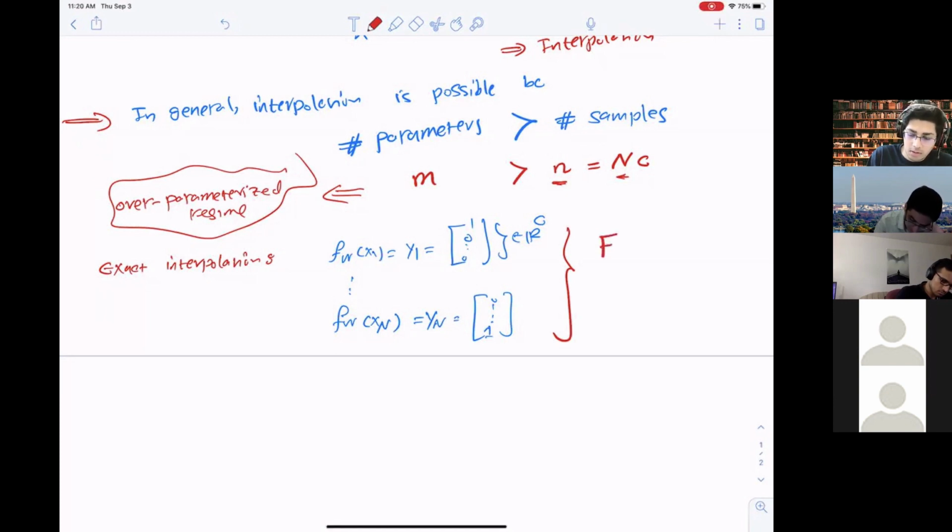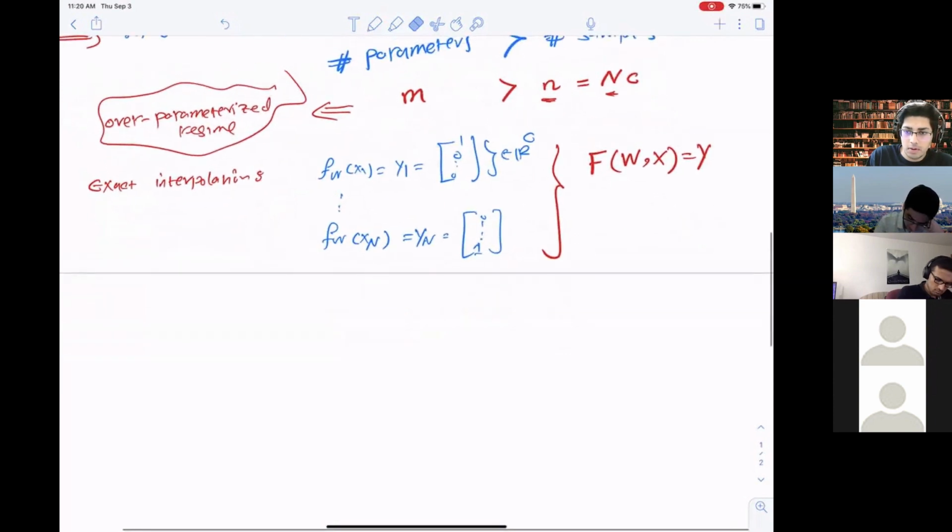I'm going to say my system of equations is f(w, X) = Y. And I know X. What is X? X is a big matrix of my training data. Say X is a matrix of size n by d. So this is my training samples and Y are my labels.